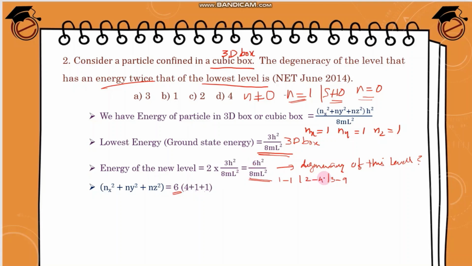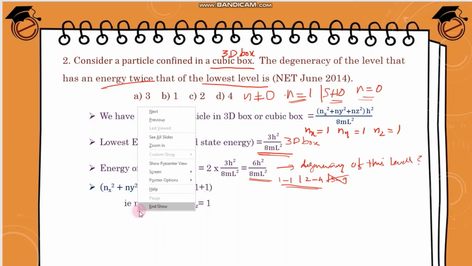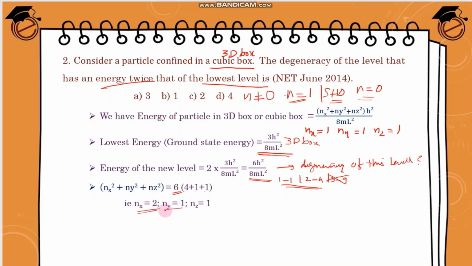Here the value is 6, so we should not consider the value 3, only 1 and 2. We have to play with 1 and 2. So 1 plus 1, 2, 2 plus 4, 6. From that we get nx equal to 2, ny equal to 1 and nz equal to 1.